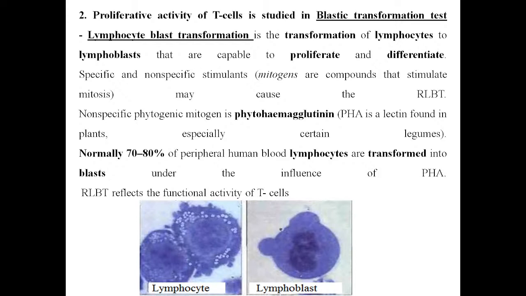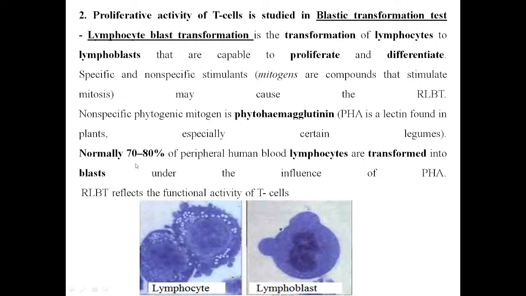So we add mitogen or phytohemagglutinin in the patient's blood, and then we should observe how many lymphocytes are transformed to lymphoblasts, and we should count them.